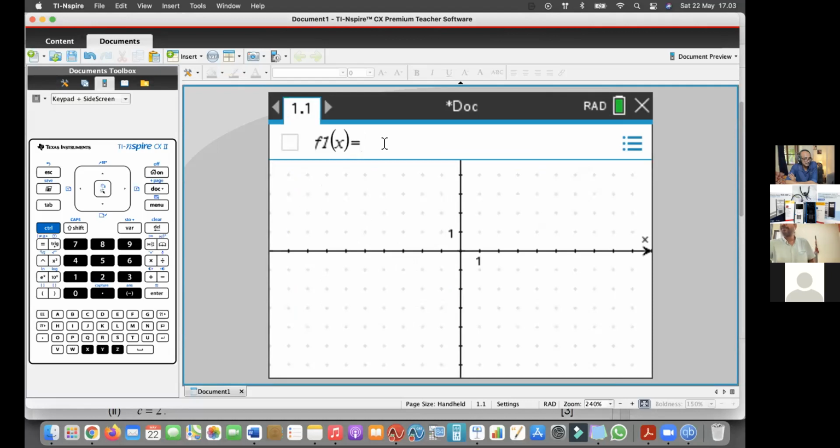So what do we need to do here? Just write your function, and the function is x³ − 3cx + 2. So let c be c. Do not change c to anything, and you will see something wonderful here.